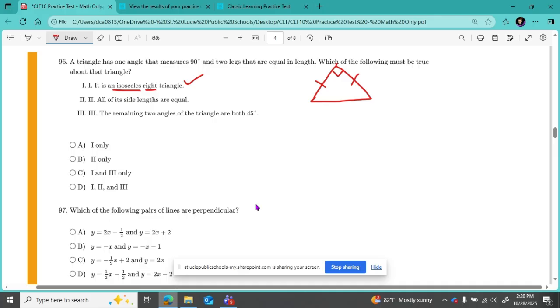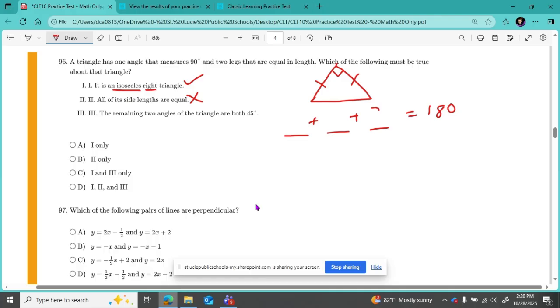That's correct. Isosceles does mean 2 equal angles. All of its sides are equal in length. For sure not. The remaining two angles of the triangle are both 45 degrees. Is that true? I know I need 3 angles in my triangle to add up to 180 degrees.